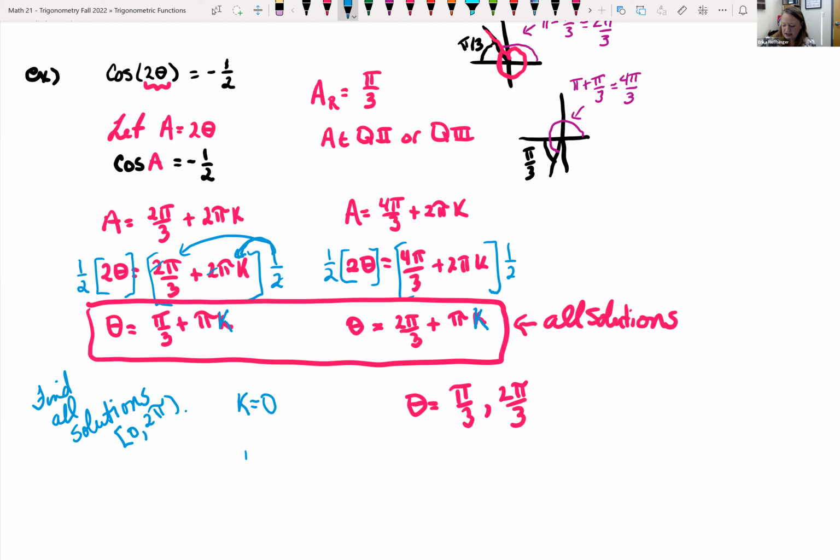So now let's look at k equals 1. So if we plug in 1 for k, we do need a common denominator. I noticed that that is a 3. That's just going to make our life easier. So when we plug in 1 for k, we get 3 times pi, so 3 pi thirds plus 1 pi thirds. That's 4 pi thirds.